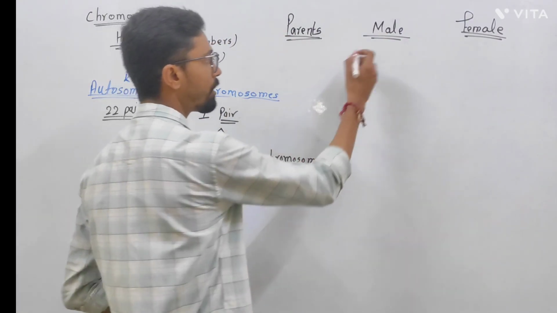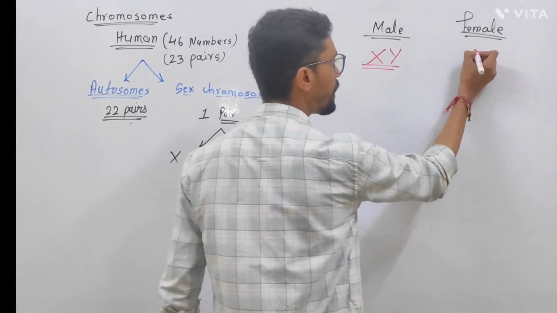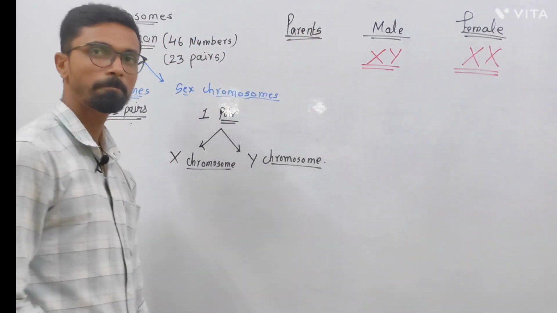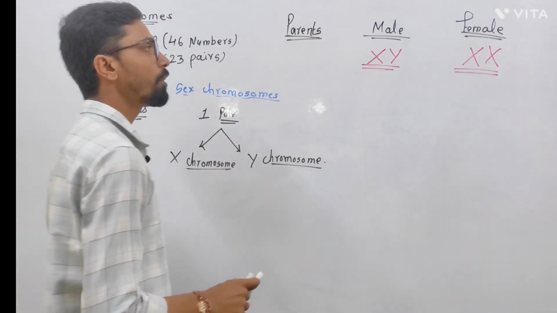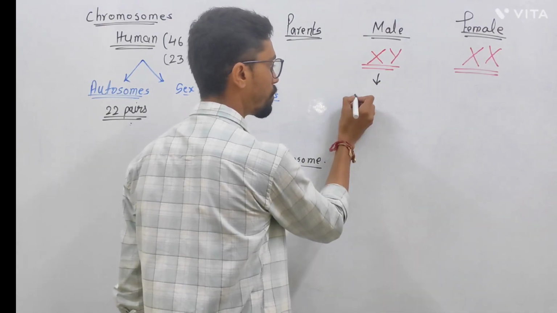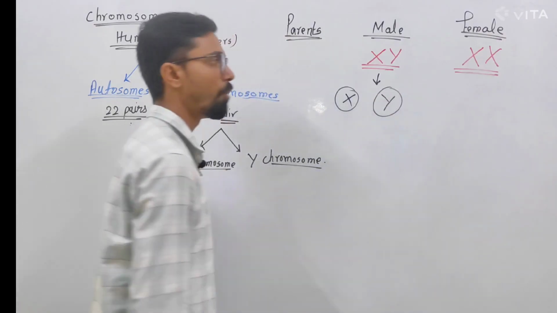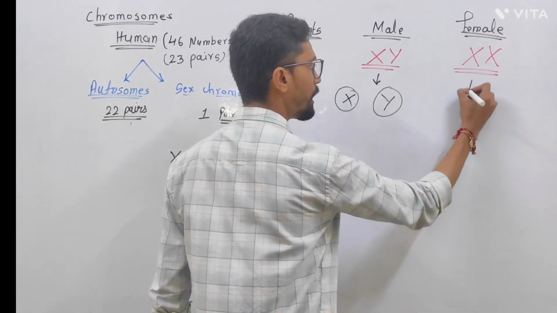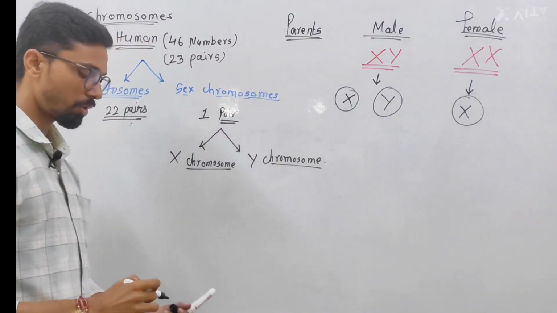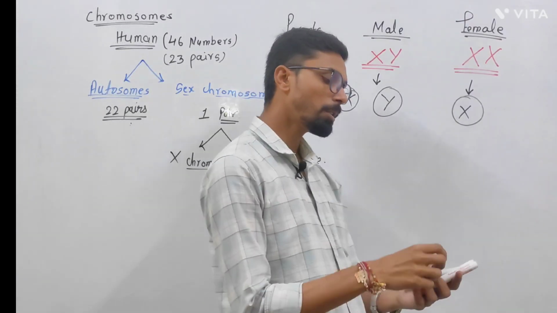As we all know, the male has X and Y chromosomes, and the female has X and X chromosomes. During gamete formation, a male has two types of gametes: one is X and the other is Y. But the female only has X chromosomes.